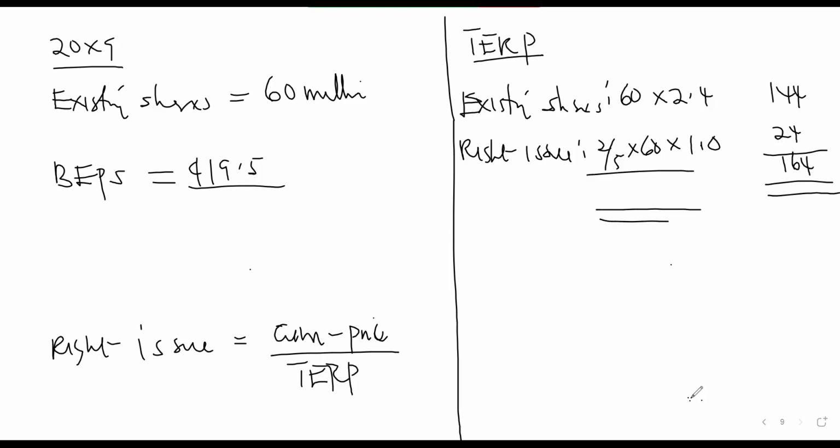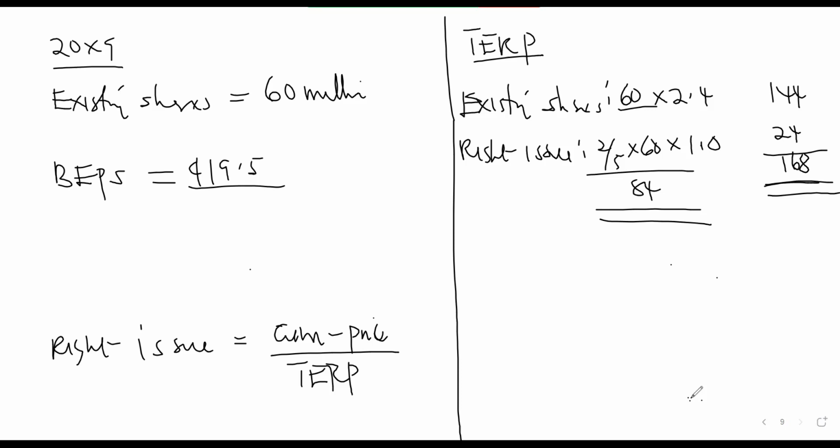What will be the total number of shares now? You see that we have the 60 million plus the right issue of 24. That will give us 84. The question now is, what will be the new value of a share after the right issue?